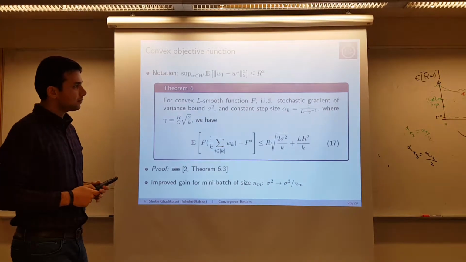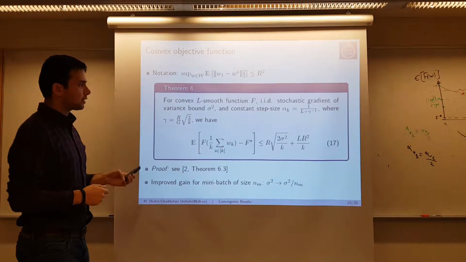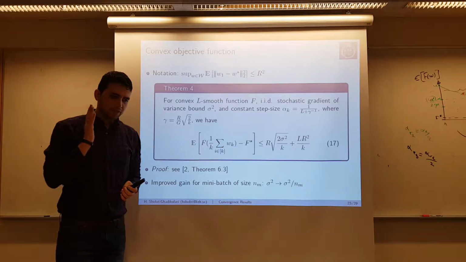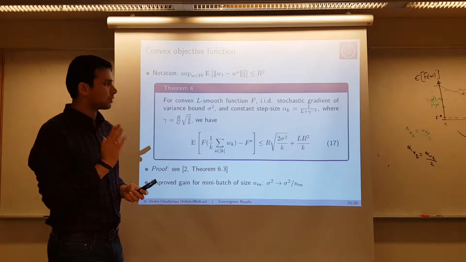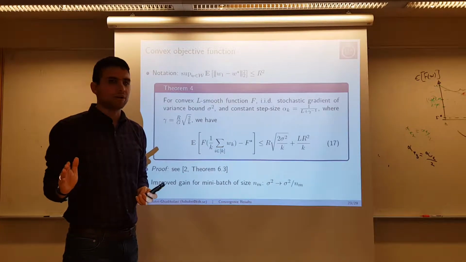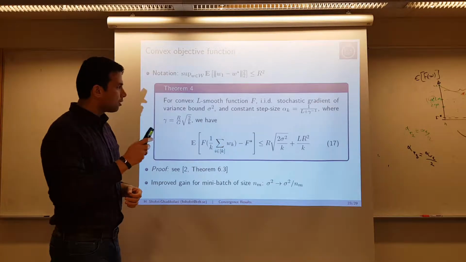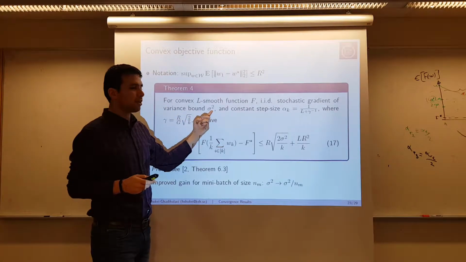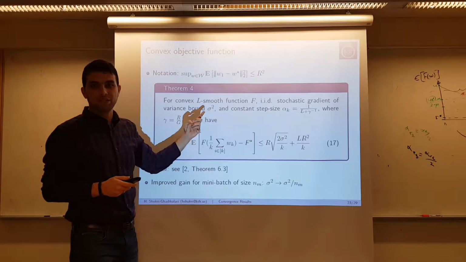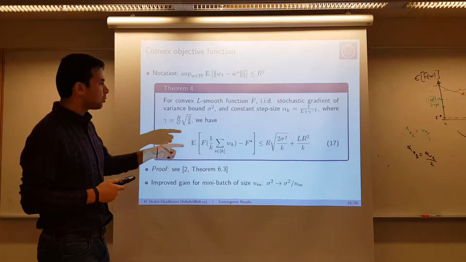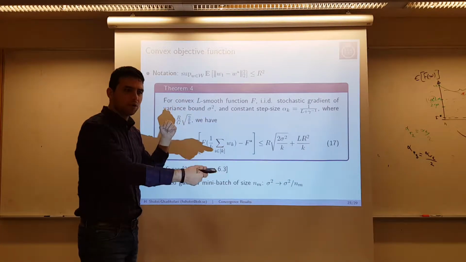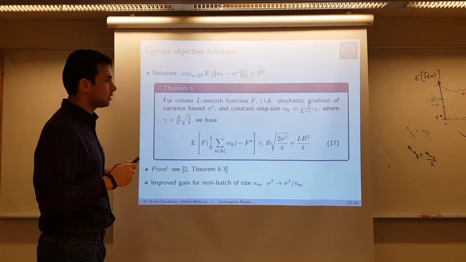Okay, is it clear what the assumption is? Here the assumption is that at every iteration we have access to a stochastic gradient, but these samples are IID, and all those samples have a variance bound of sigma 2, and sigma 2 may not be vanishing. And that's why you can expect that the whole error may not vanish.